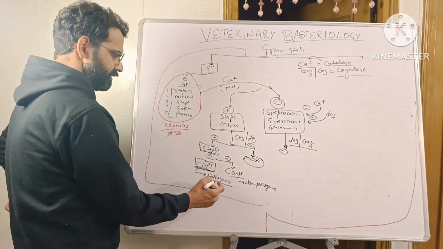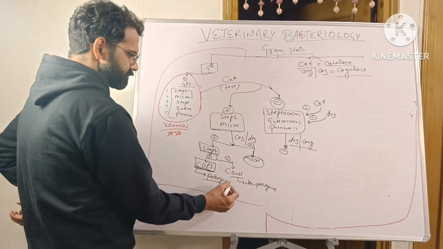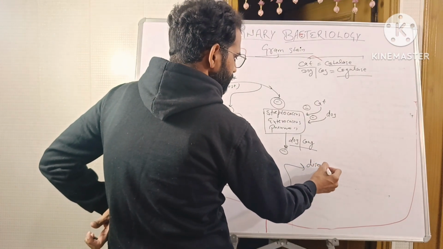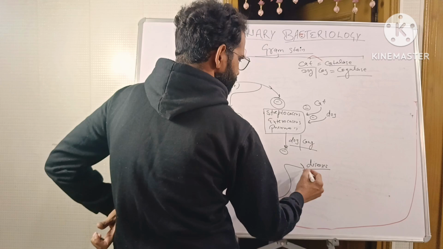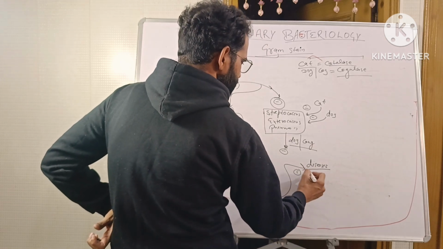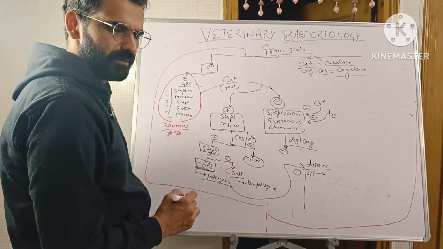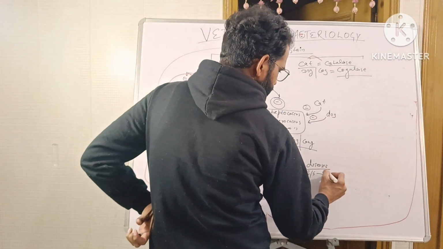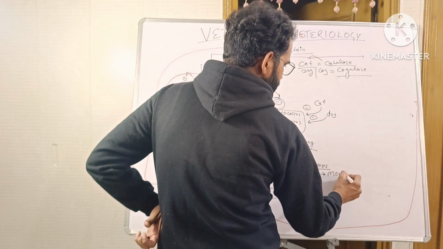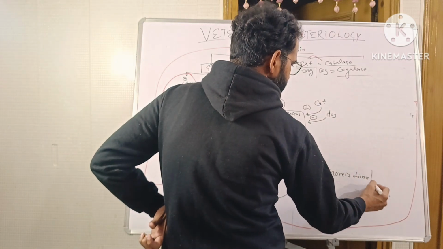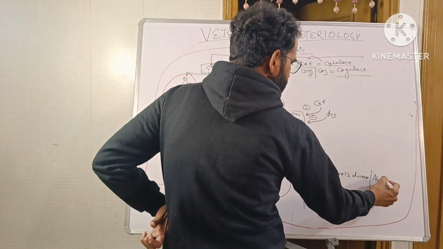Pathogenic means these will cause diseases in animals. What diseases? For example, in sheep and goat they cause Morel's disease, which is nothing but abscess disease.